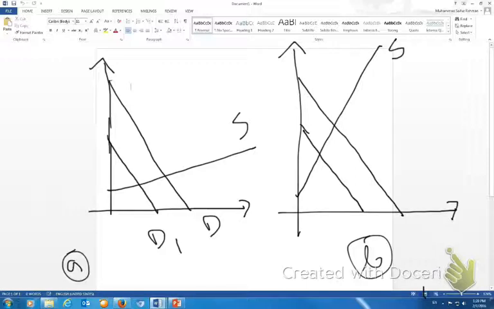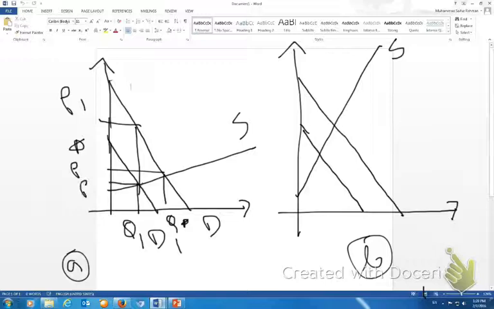So now let's go back to A. Q star, P star, my original price and quantity. Q1 and P1 is the price that our consumer pays. P2 is the price that the producer receives. A is the loss of consumer surplus.